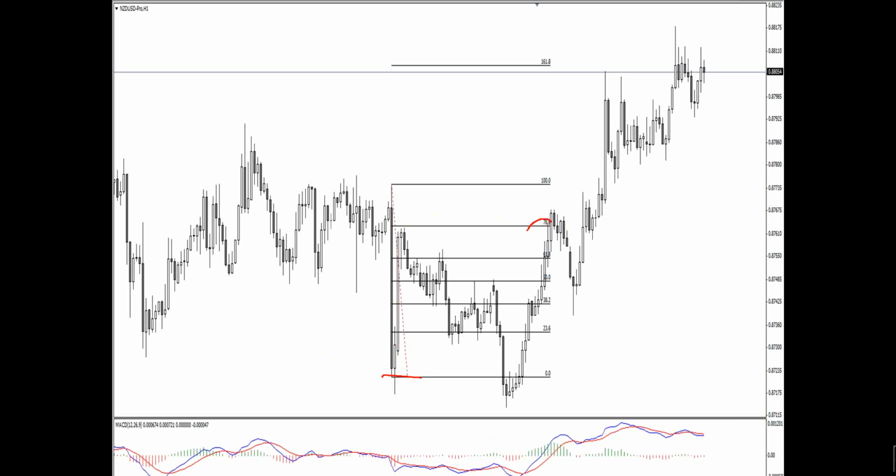And look what happened after. The price touched 78.6 perfectly. And also in between, there are no less than 25 pips. And that is also a very important rule, because if one candlestick has more than 25 pips, it's considered a high volatility candlestick.